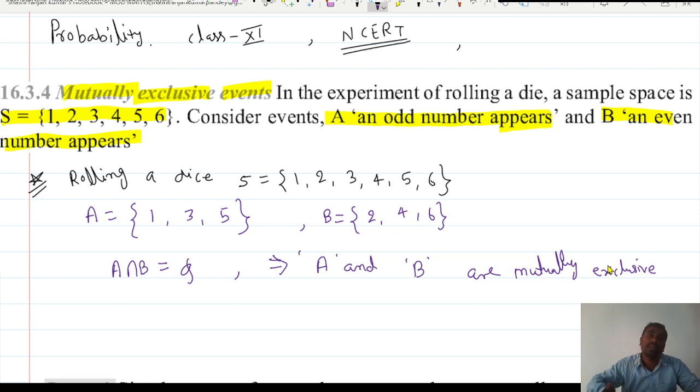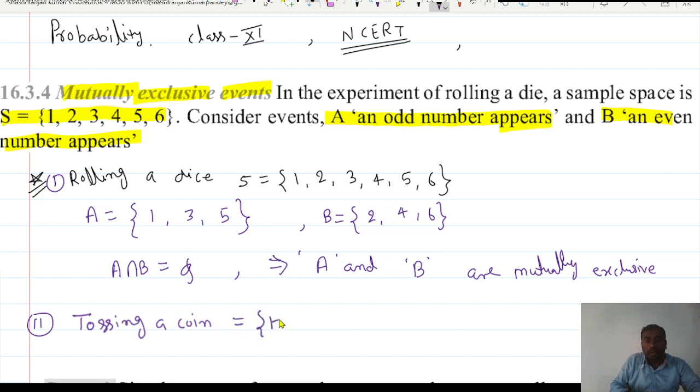Let us take some more examples. This was the first example; let us take the second example. Suppose we are tossing a coin. What are the outcomes? Either head or tail.